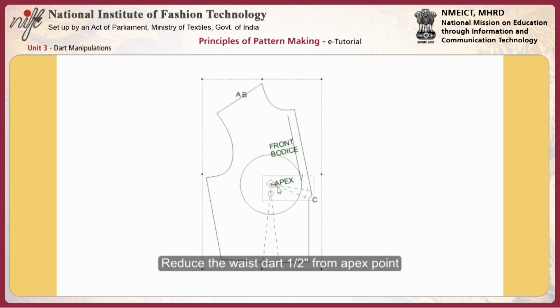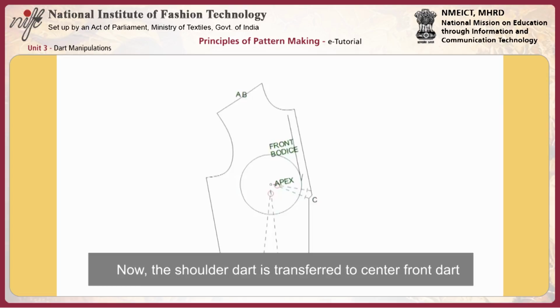Reduce the center front dart half an inch from the apex point. Now the shoulder dart is transferred to the center front dart.